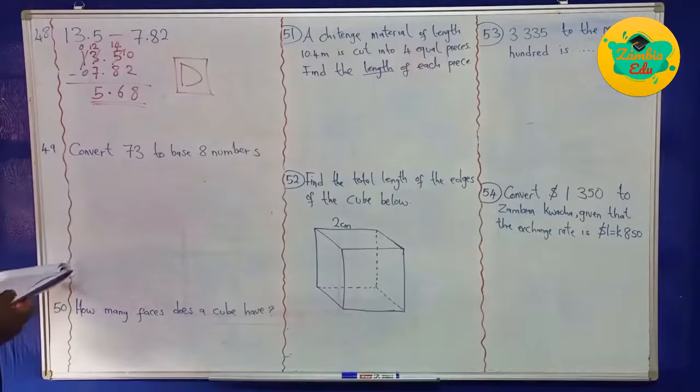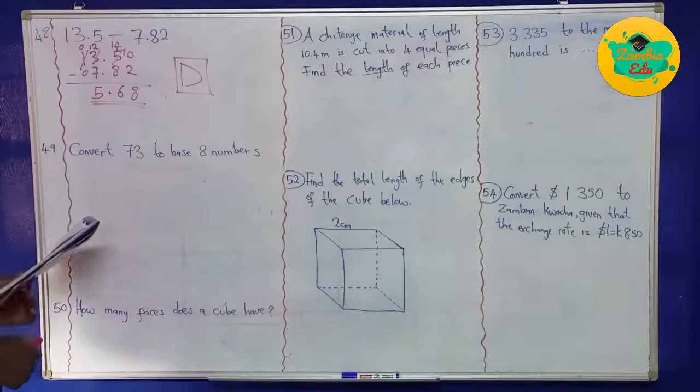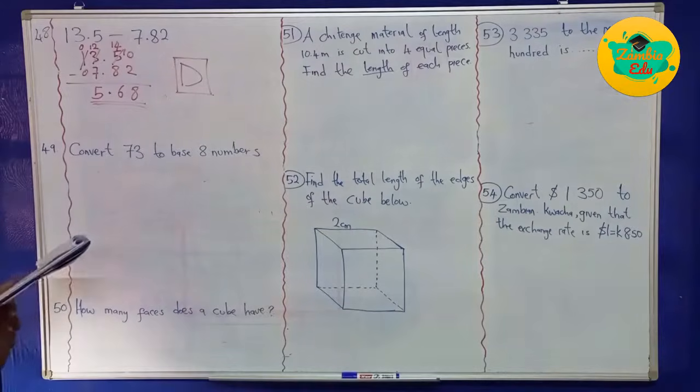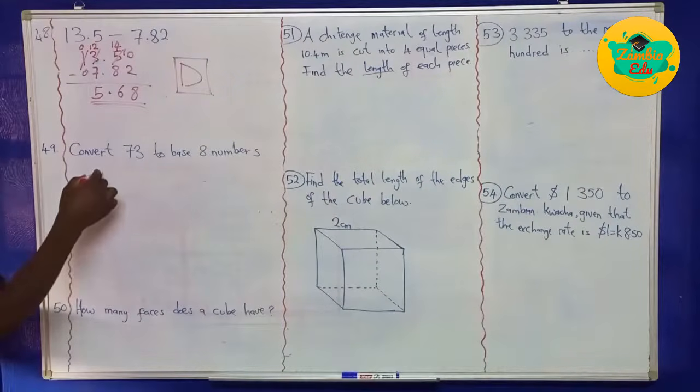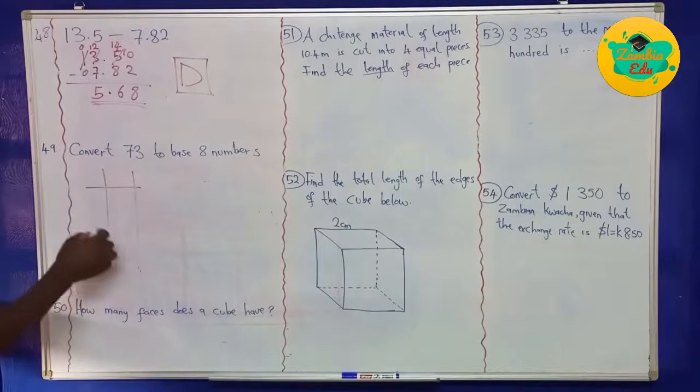Alright. Question 49. Question 49 says, convert 73 to base 8 numbers. So for us to be able to do that, I think we're going to draw something like that.